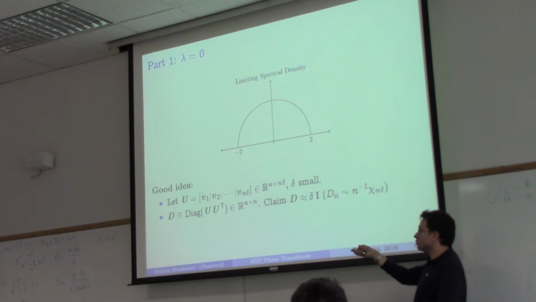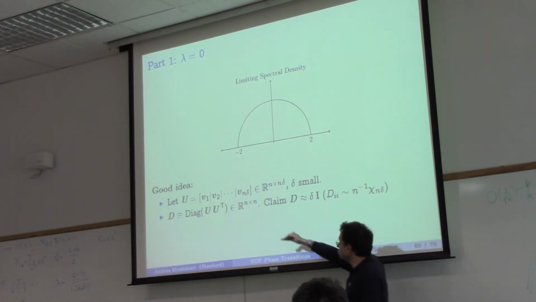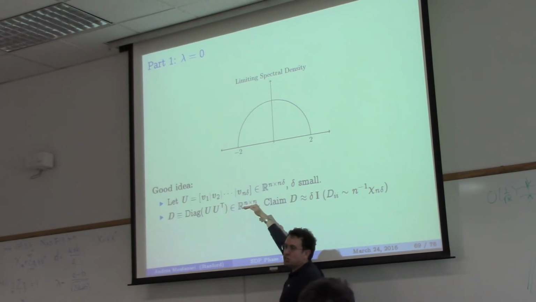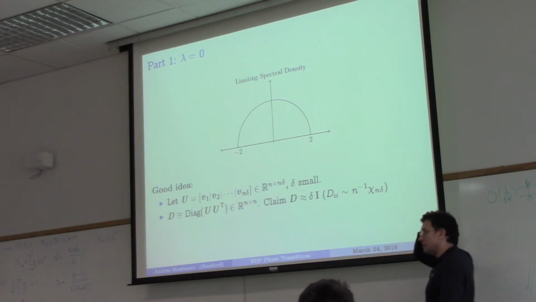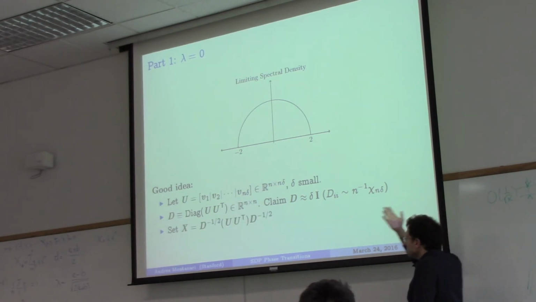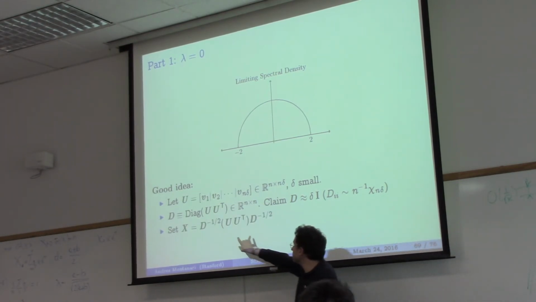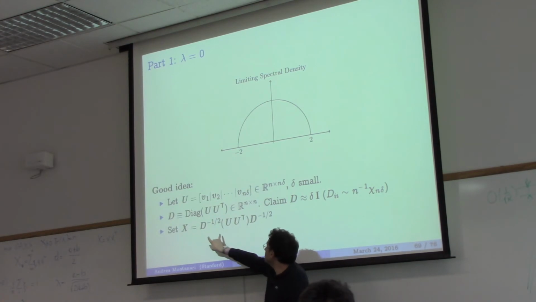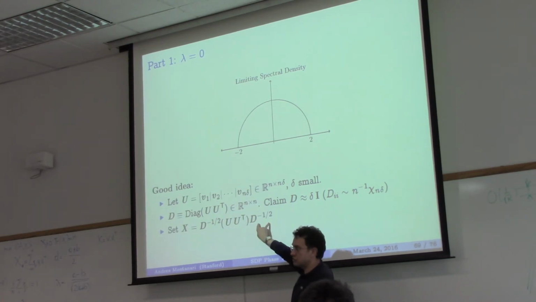The norms of all the rows of this matrix are basically 1. Why? Well, because each row of this matrix is a projection onto n delta dimensions of a uniformly random unit vector in n dimensions. Therefore, it's basically like a chi-square random variable with n delta degrees of freedom. So you just need to rescale to enforce the constraint on the diagonal, and this just works.